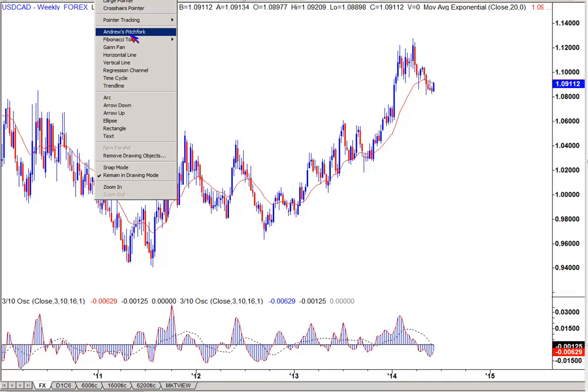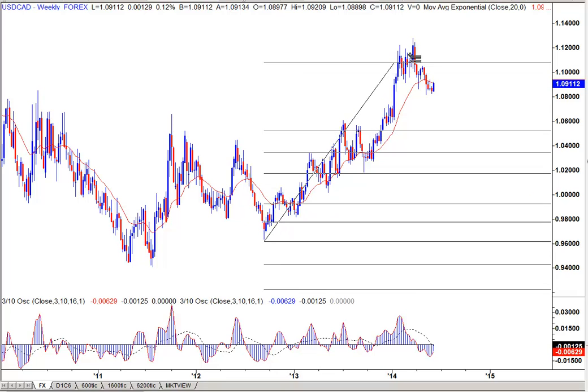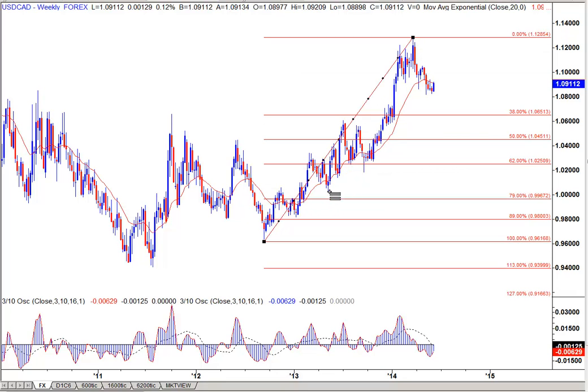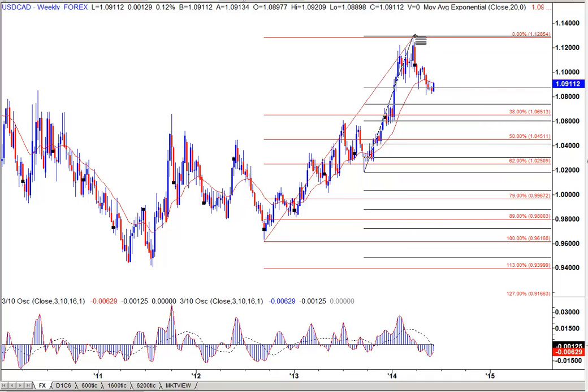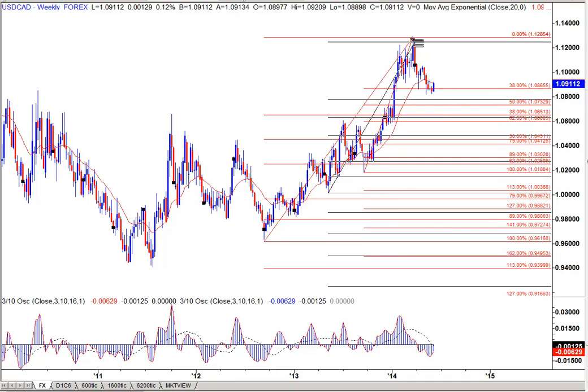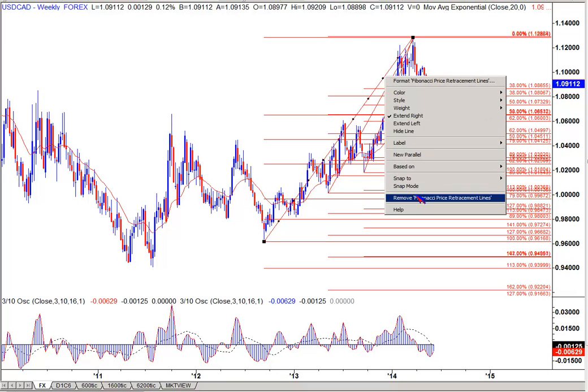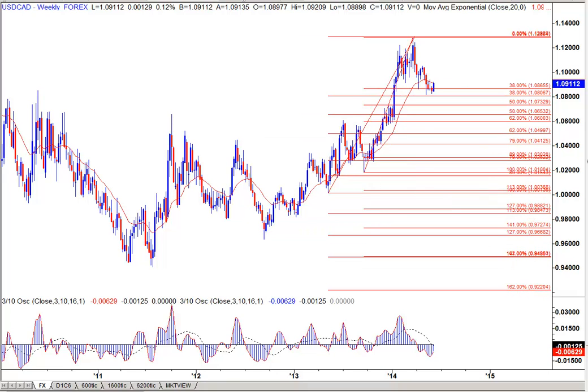let me find my drawing tool. Okay, if you look here, took the recent swing low. So you can look at these recent lows and you can see that the market from this swing low to this high right here is an area of what we call commonality.